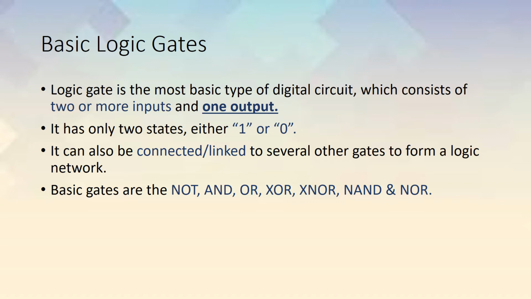It can also be connected or linked to several other gates to form a logic network. And the basic gates are NOT, AND, OR, exclusive OR, exclusive NOR, NAND, and NOR.